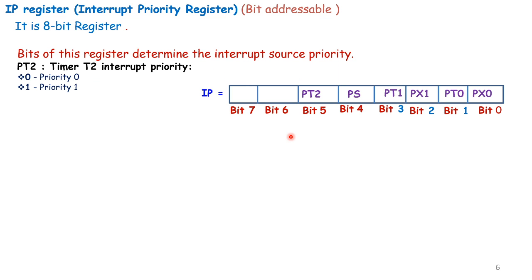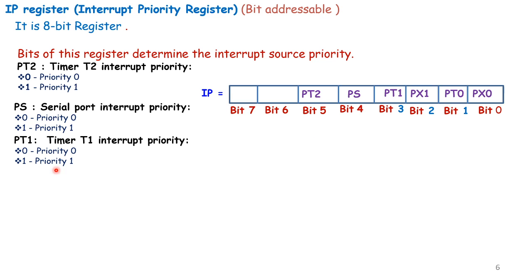This bit is for the higher version. PS is the serial port interrupt priority. If we keep this bit 1, then the highest priority is given to the serial port. When it is 0, priority is 0.